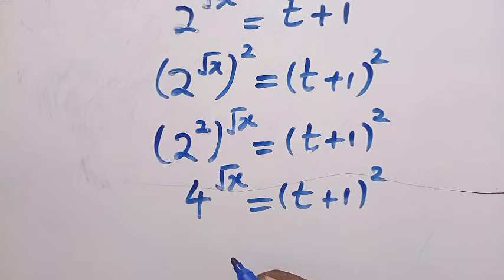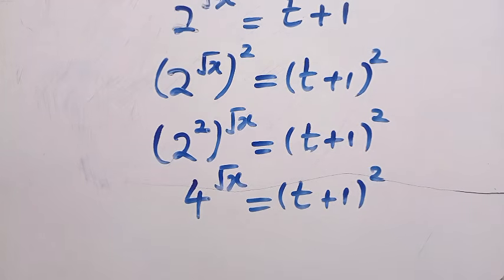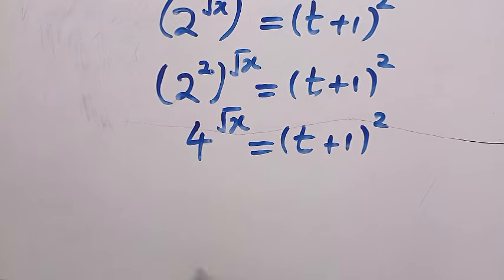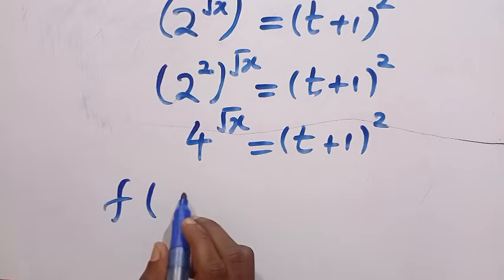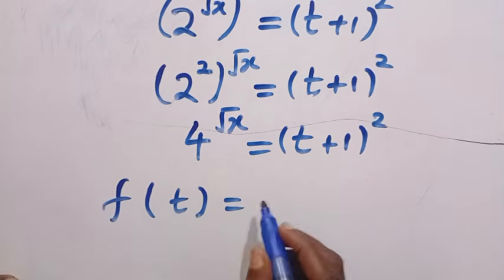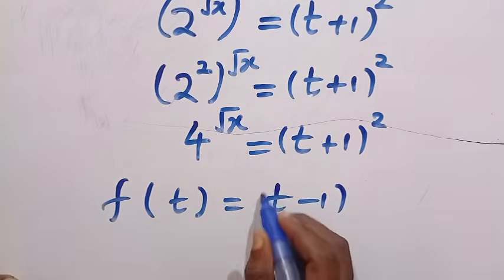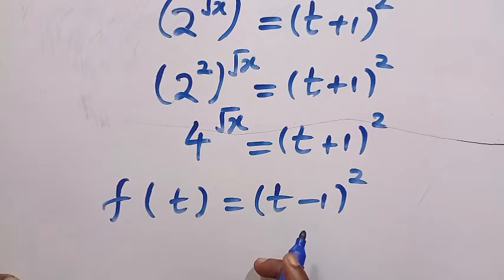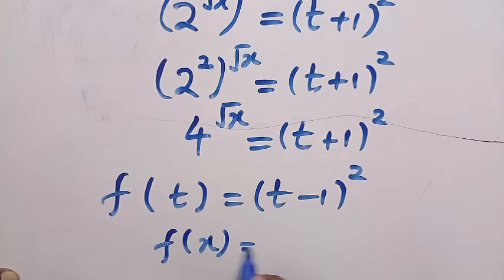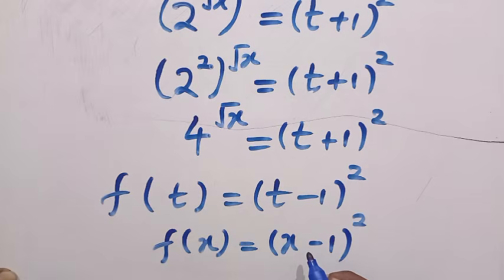Makes sense? So let's substitute back into the given question. We have f(t) = 4^(√x), given as (t + 1)². Changing this t to x, we have f(x) = (x + 1)².